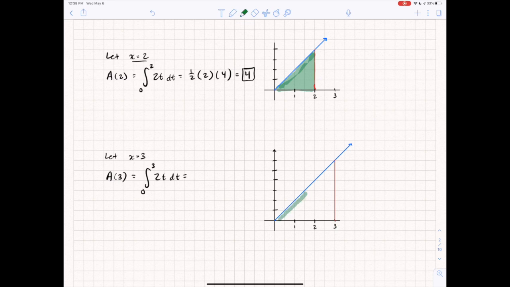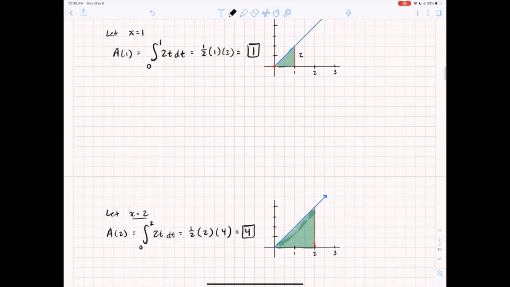And so I want to find this area here. All right, this area is a right triangle, so I can find its area doing 1/2 base times height. So 1/2, my base is 3. Notice how that's the x. And then this is going to be multiplied by 6, which is 2 times x. This is then 18 divided by 2, or 9 for the area.